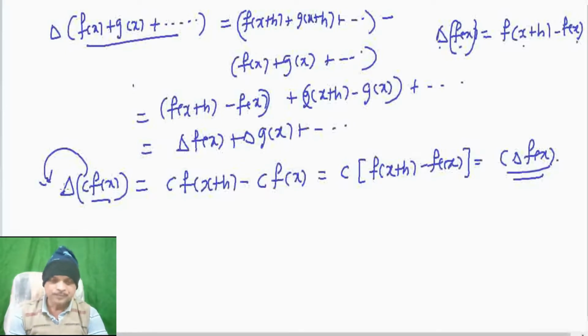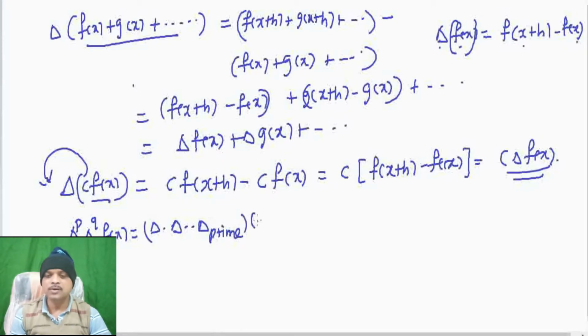Now delta raised to p into delta raised to q on f of x, if we operate this, delta raised to p means we have to consider delta into delta, p times, and then here we have to operate delta into delta, q times, on f of x.